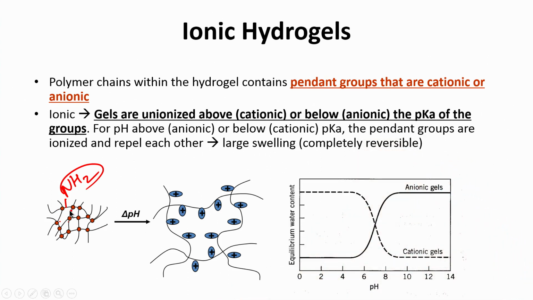right. So let us say you have a cationic gel, and the anionic gel, for example, is a carboxyl. Let us say at a certain pH, let us say 8, these amines are positively charged below that pH, and as the pH increases, the amine undergoes transformation to neutral.